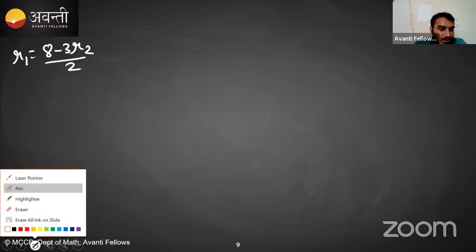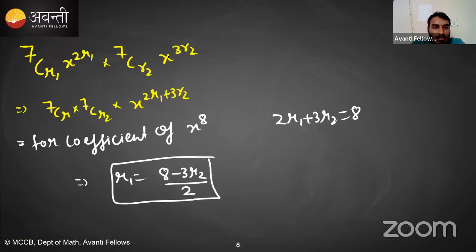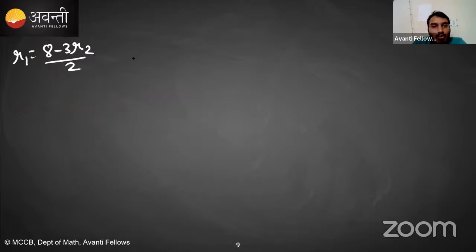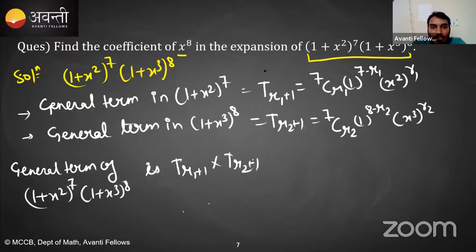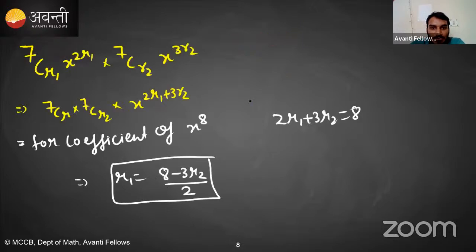Now, as you can see, I need the coefficient of x raised to the power 8, right? But r1 and r2 are whole numbers, isn't it? As you can see here, this is 7Cr1, 8Cr2.